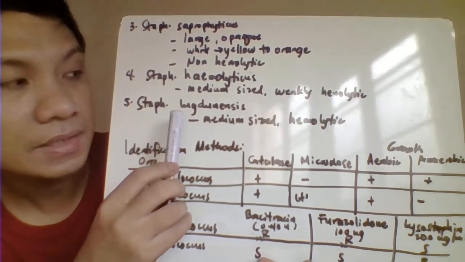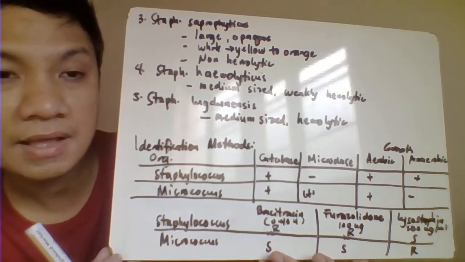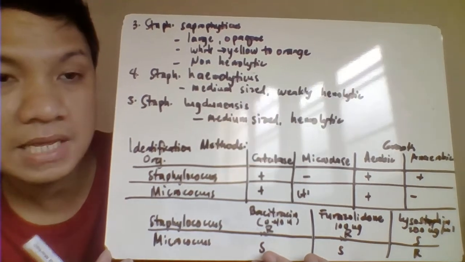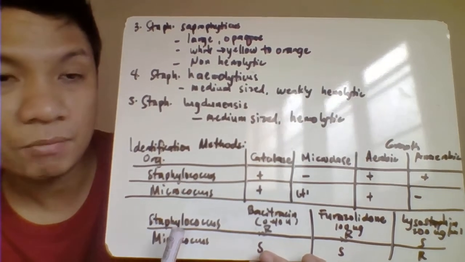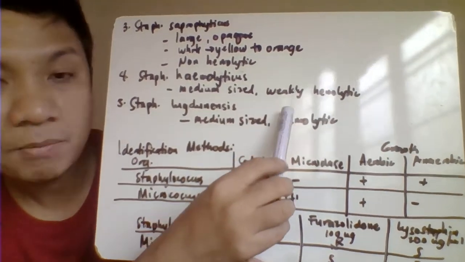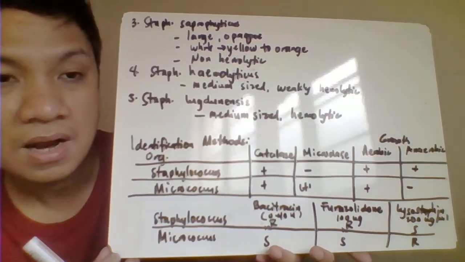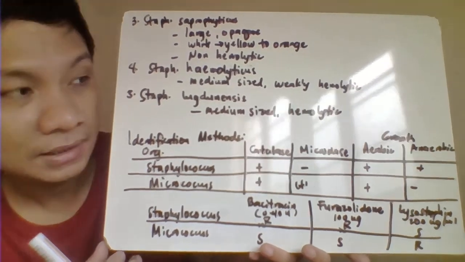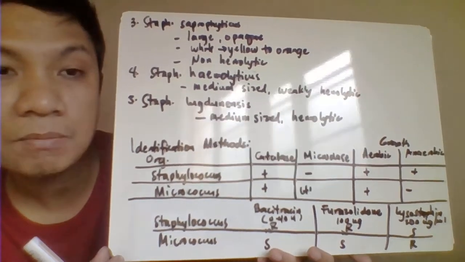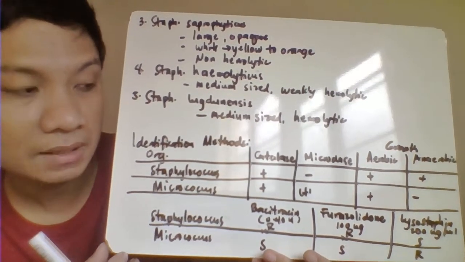Staph haemolyticus and Staph lugdunensis both have a medium-sized colony. Only that your Staph haemolyticus has a weakly hemolytic reaction, whereas your Staph lugdunensis is hemolytic.